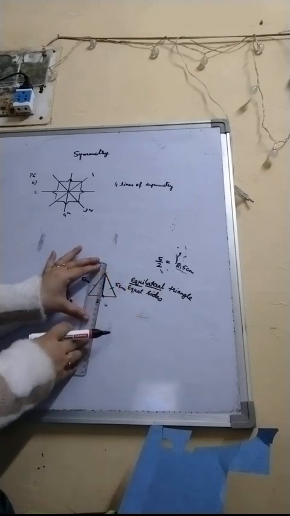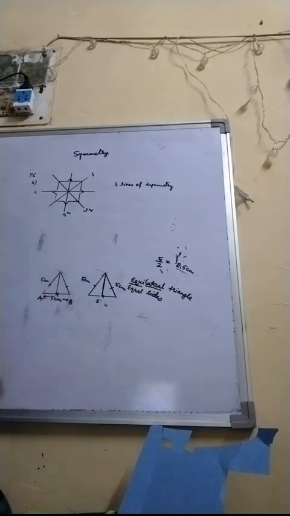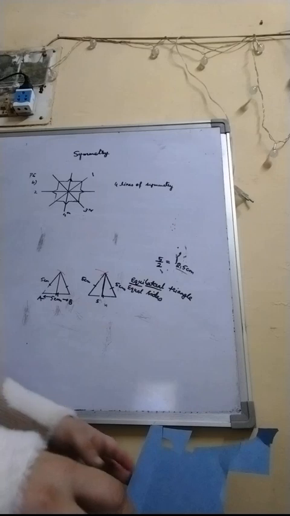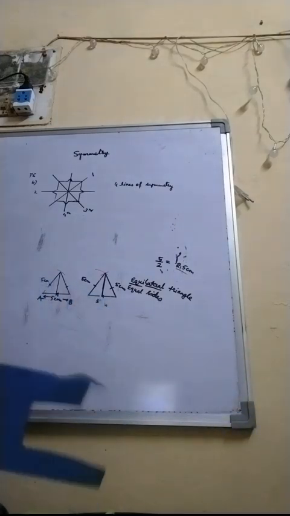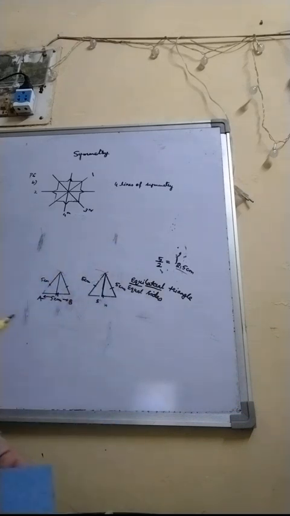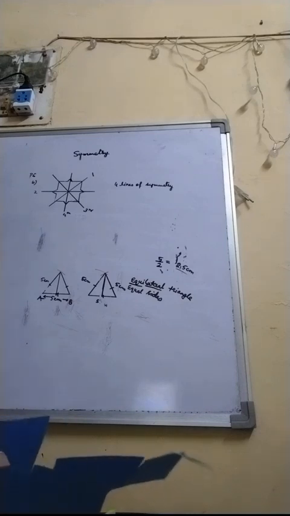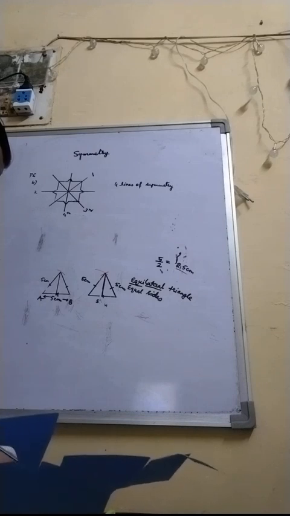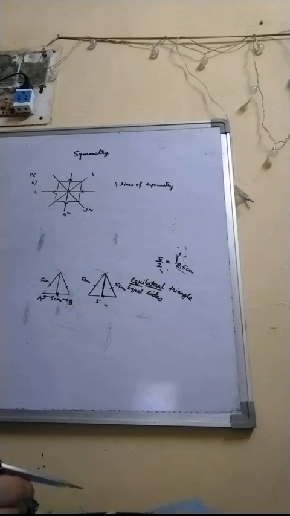So you would get the first line of symmetry. Okay, so this we would do with paper cutting also, so that you understand it properly. So let's make an equilateral triangle.